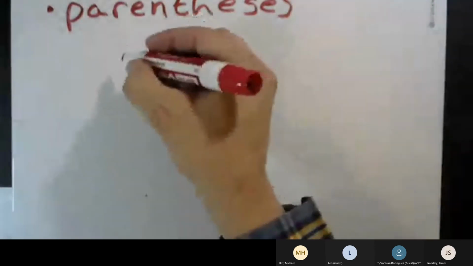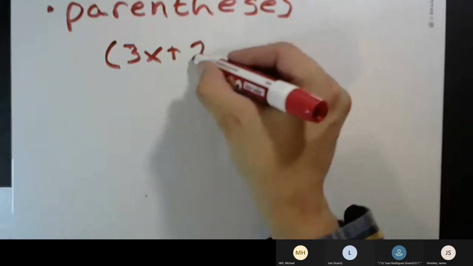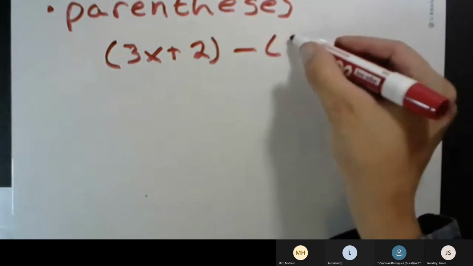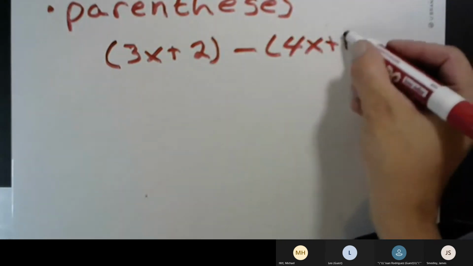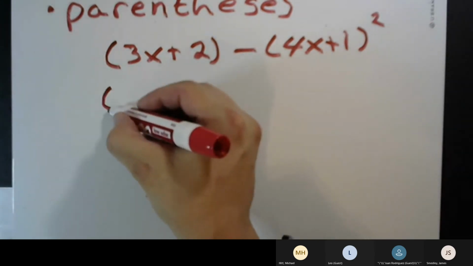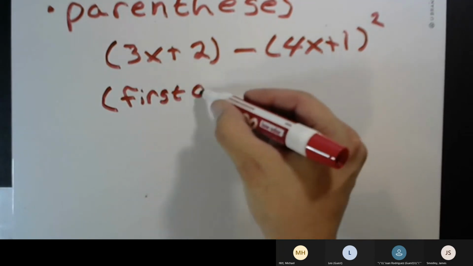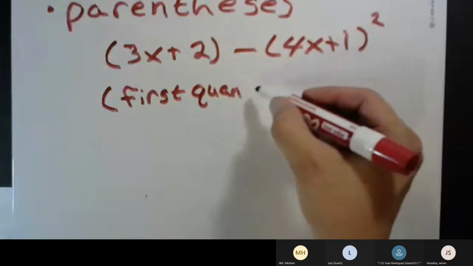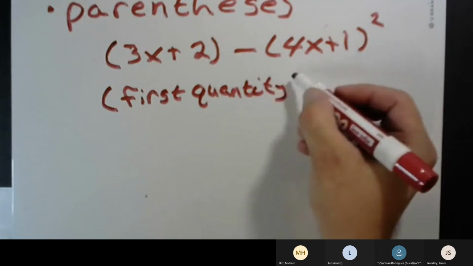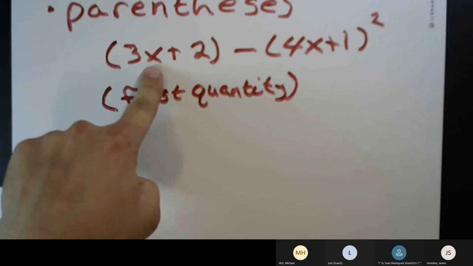So oftentimes with parentheses, you'll see something like this. And a way to think of this is like we're dealing with 2 separate quantities. So we don't know exactly what's inside the parentheses is actually going to mean until someone identifies x for us.